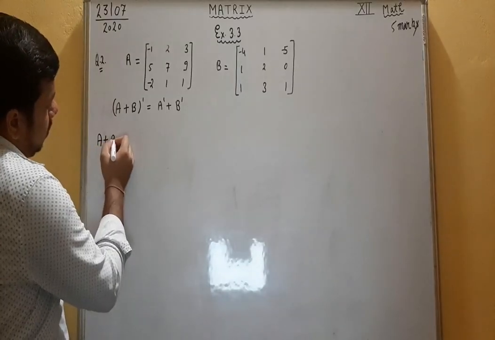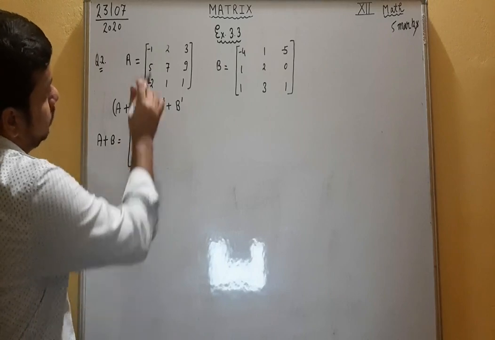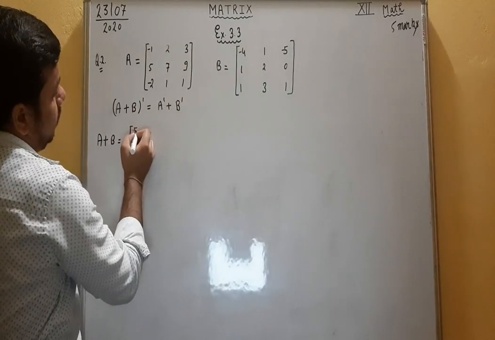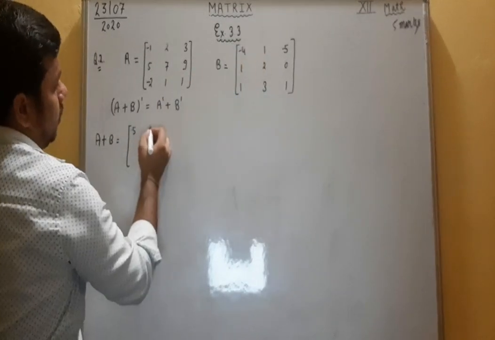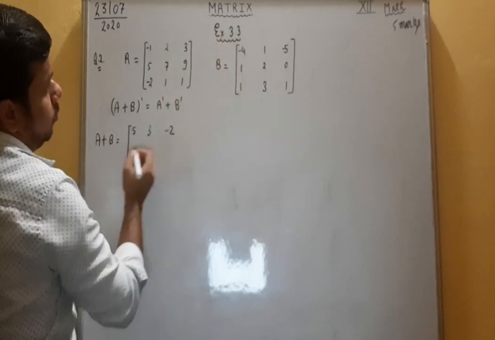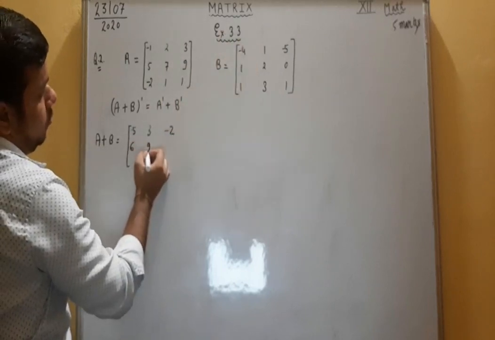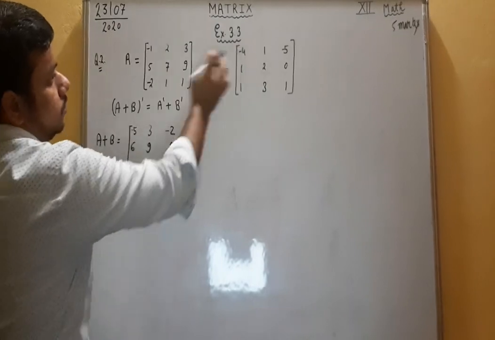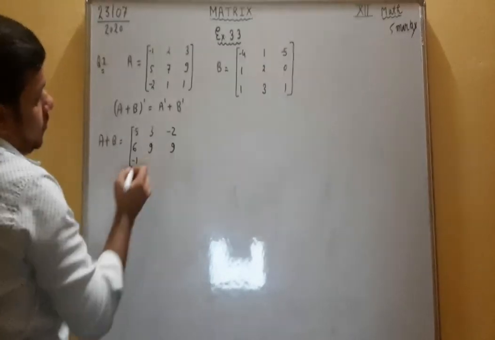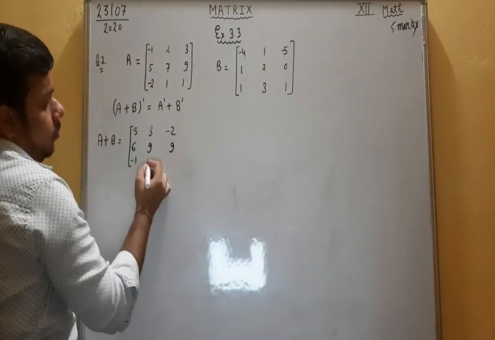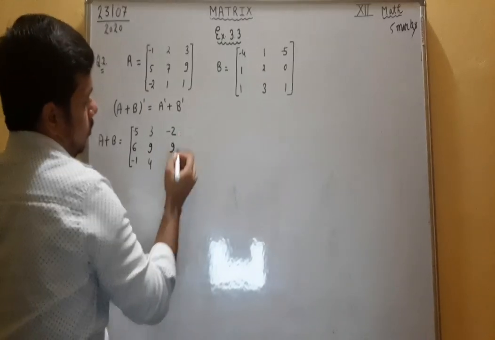Just add the corresponding entries: minus 1, minus 4, minus 5; 2, 1, 3; 3, minus 5, minus 2; 5, 1, 6; 7, 2, 9; 9, 0, 9; minus 2, 1, minus 1; 1, 3, 4; 1, 1, 2.